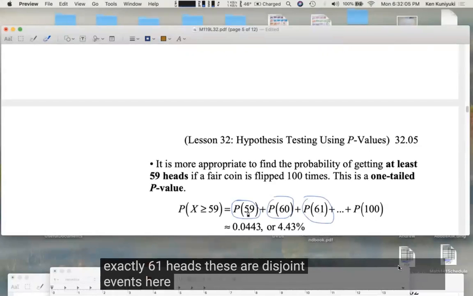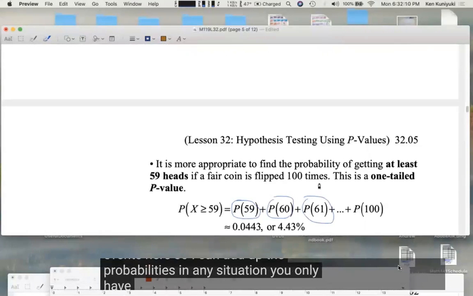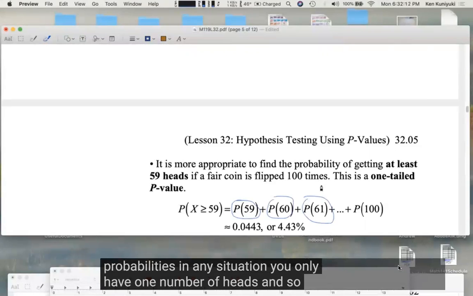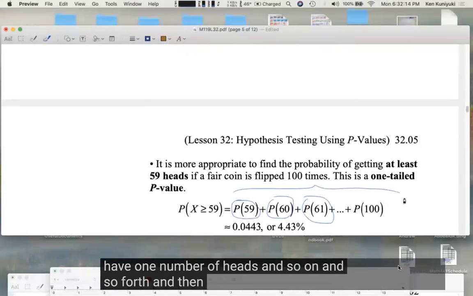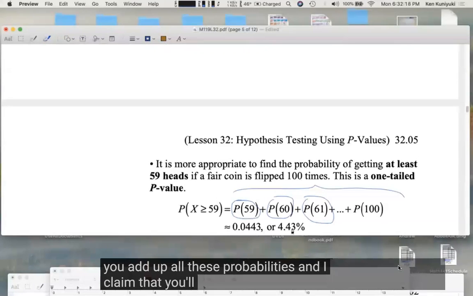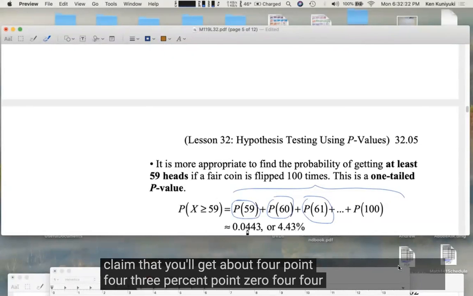These are disjoint events here, so I can add up the probabilities. In any situation, you only have one number of heads, and so on and so forth. And then finally, P of 100. You add up all these probabilities. And I claim that you'll get about 4.43%, 0.0443.